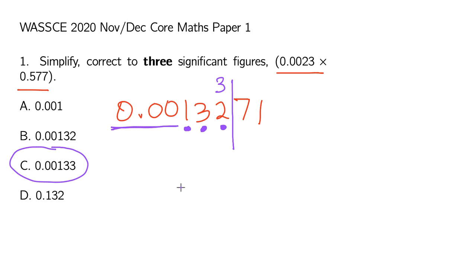0.00133. The reason these zeros are not significant is that if we wrote this number in standard form, you can imagine we would have to move the decimal point 1, 2, 3. So we get 1.3721 times 10 to the minus 3.